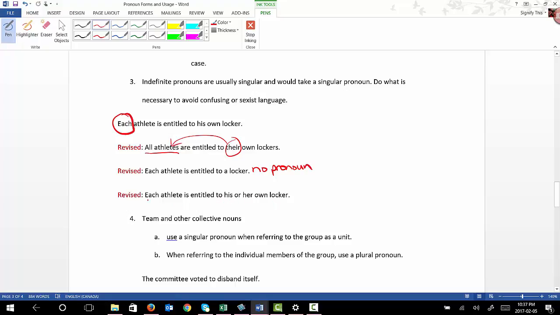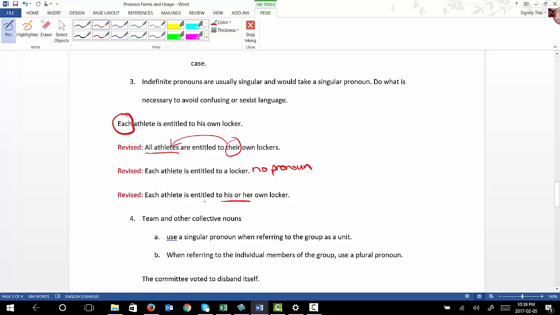Now, when you're doing any kind of test and it doesn't give you this no pronoun option, you would have to choose this one to avoid being sexist, because males and females can be athletes, right?